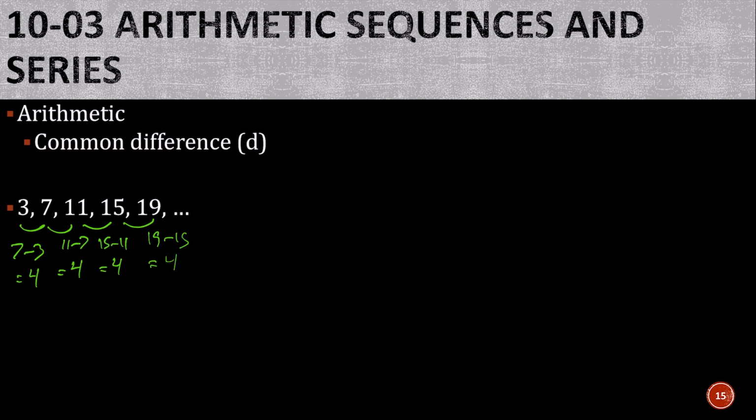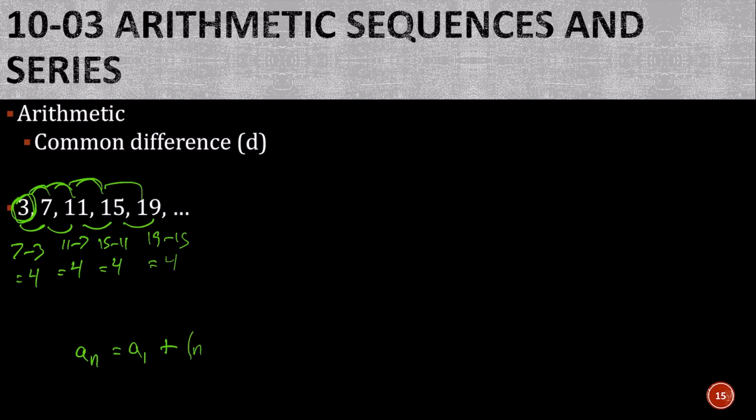So our rule for our nth term would be taking our first term and adding a certain number of these common differences. So it would be our first term plus, let's see, to get to the 19, I'd have to add 4 times, but 19 is the fifth term.